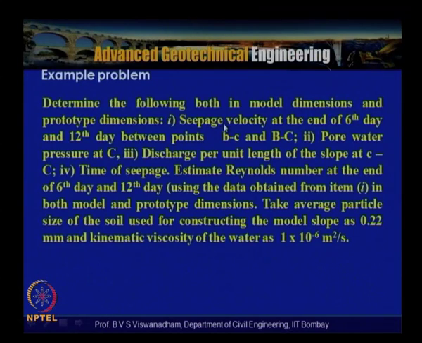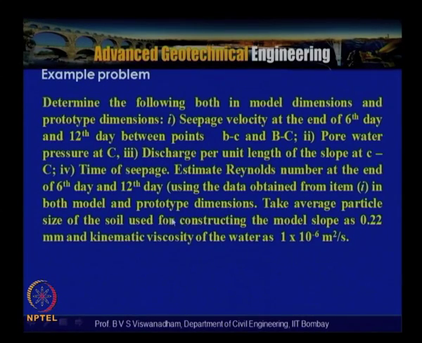What we need to find is the seepage velocity at the end of the 6th day and 12th day between points B and C, and the pore water pressures and discharge per unit length of the slope at C, and the time of seepage. The average particle size is given as 0.22 mm, and the kinematic viscosity of water is given as 1 centistoke, that is 1 into 10 to the power minus 6 meter square per second.